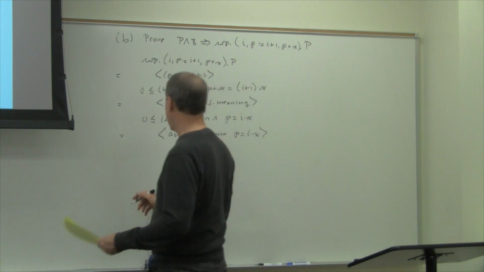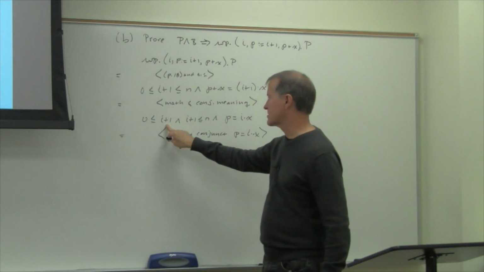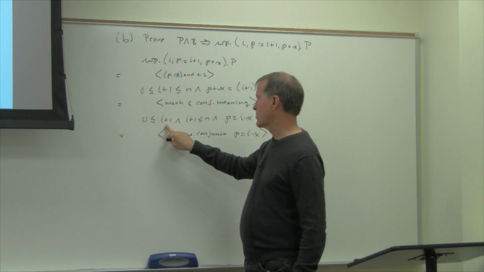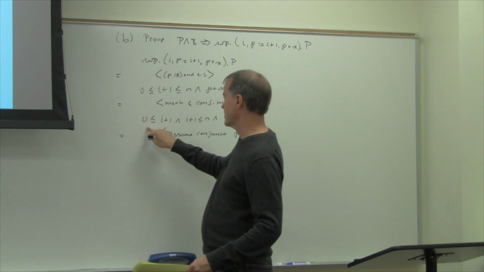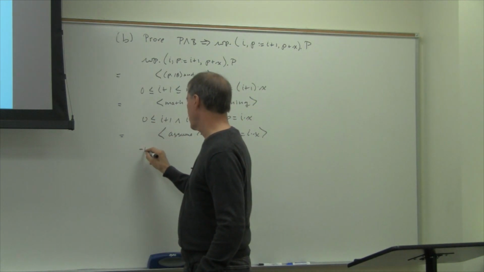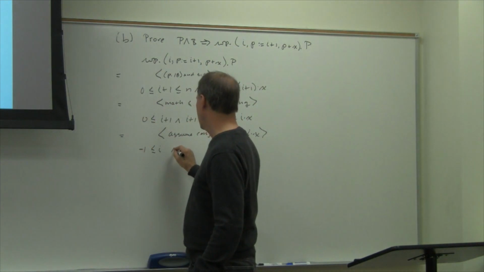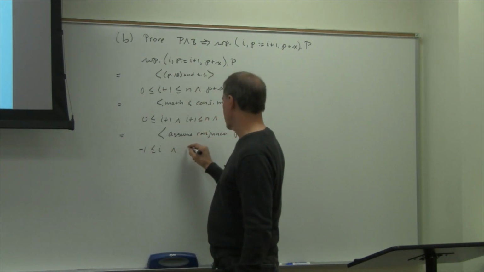So basically what we have then is, now what's another way of writing this? 0 less than or equal to i plus 1. Let's take the 1 to the other side, and that becomes what? Negative 1 is less than or equal to i, and i plus 1 is less than or equal to n.